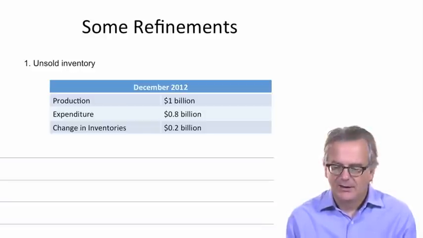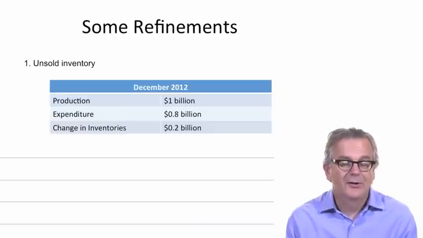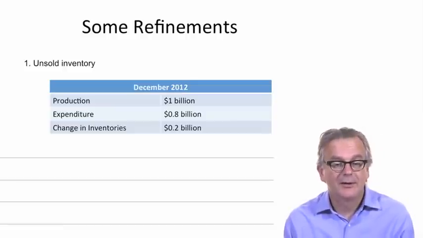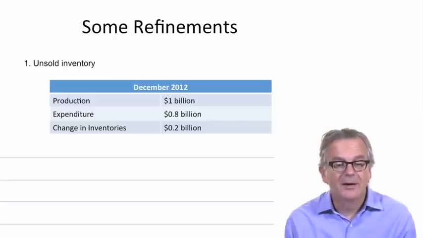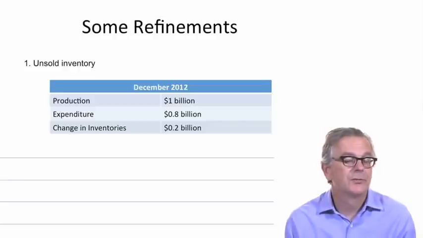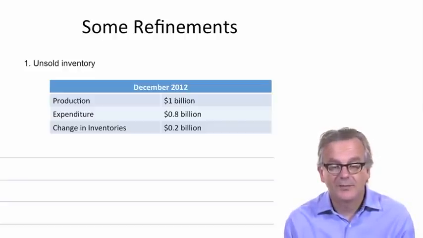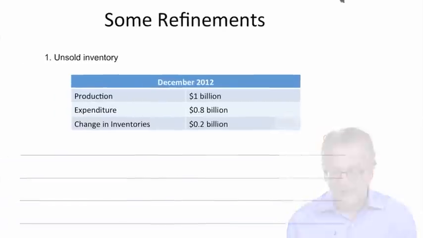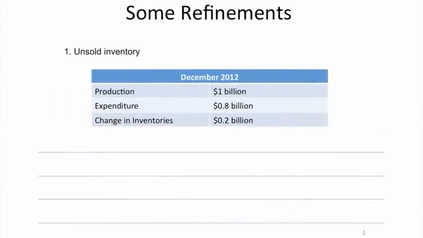So let me give you just a very simple example to show how all this works. Let's take the month of December 2012, and suppose in the economy there's been a flow of production equal to $1 billion, but over that month expenditure has fallen short. Expenditure is only 0.8 billion, meaning that firms have accumulated a change in inventories of $0.2 billion, essentially unsold stock. Now, what we're going to do is as follows.